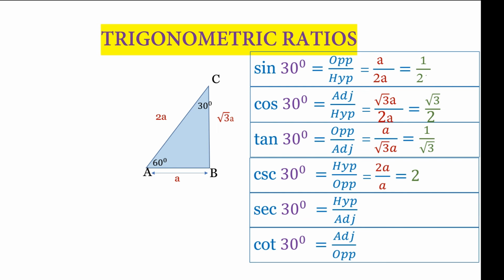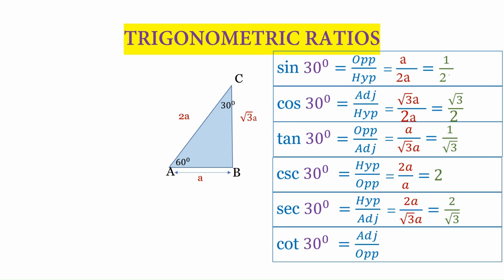Secant 30, hypotenuse by adjacent, 2a by root 3 a, that gives 2 by root 3. Cot 30, adjacent by opposite. Adjacent is root 3 a, opposite is a, so root 3 is the value here. Now we have got the values when the angle is 30 degrees.